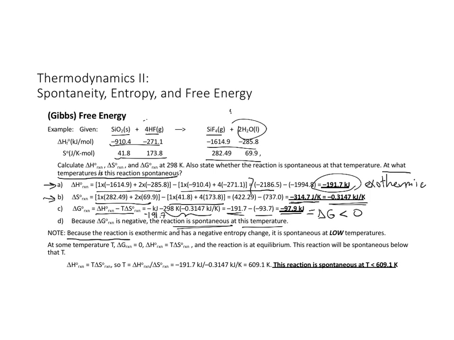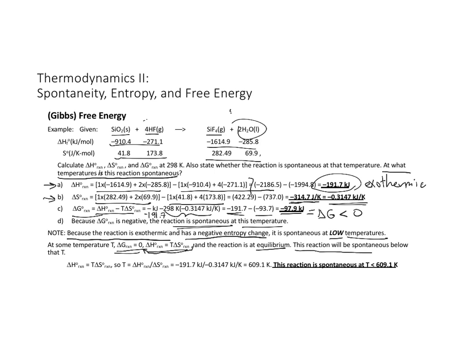Now, because this reaction is exothermic but has a negative entropy change, it is spontaneous at low temperatures. So in this case, 25 is a low temperature, 298 is a low temperature. That means at some temperature delta G is going to be 0, and that means that delta H minus T delta S is 0, and delta H must equal T delta S. At this temperature, the reaction is at equilibrium.